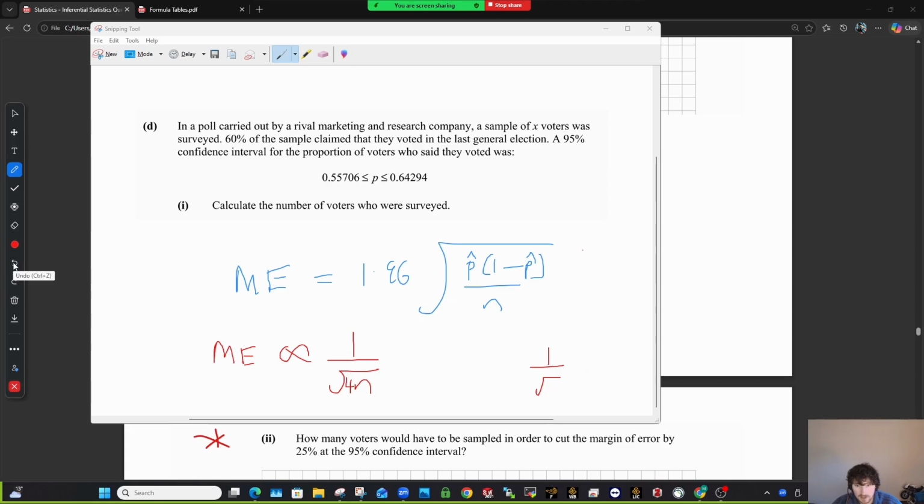So I think we covered a question on that before where the question was, okay, we need to half something, right? So we want to reduce something here by 25%. So what we really want to do here is we want to put the margin of error. So let me work out how to put this in here so that we can work out something halving.